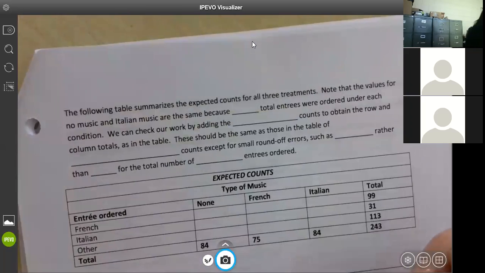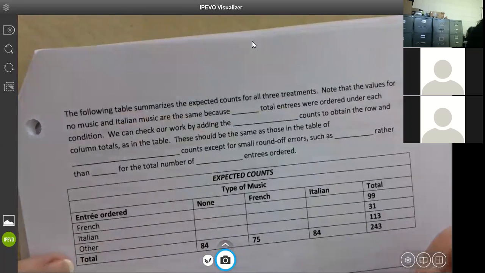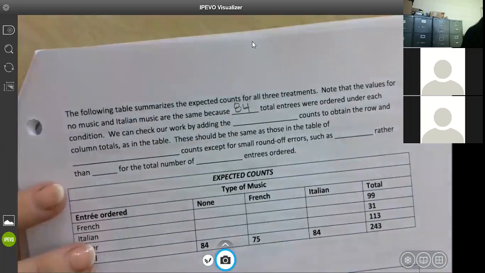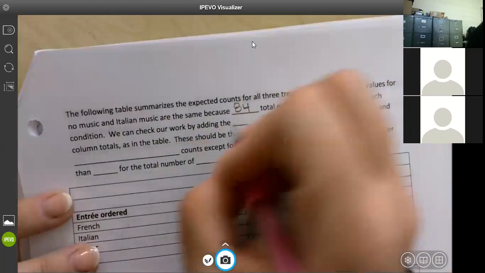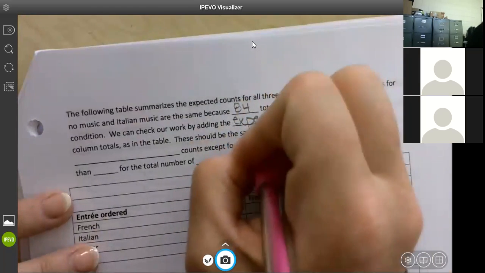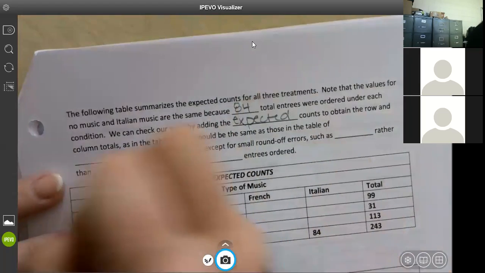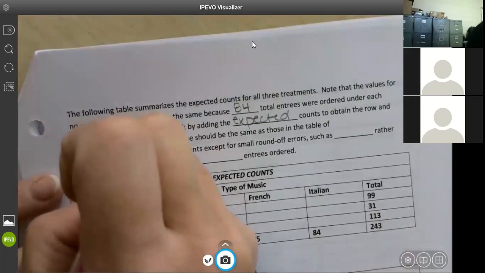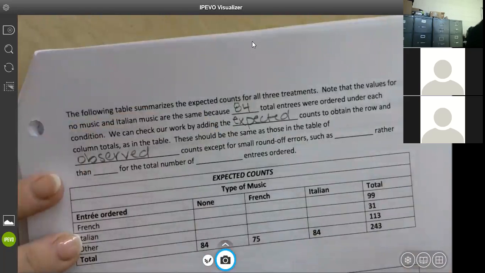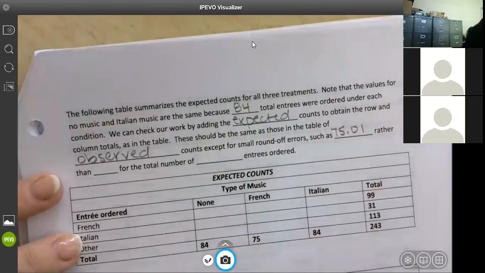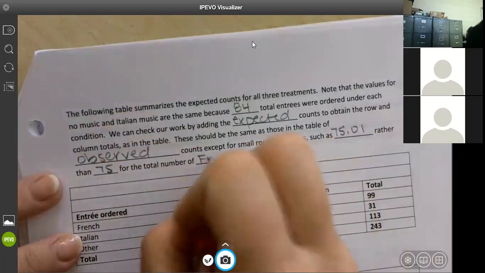So the following table summarizes the expected counts for all three treatments. Note that the values for no music and Italian music are the same because 84 total entrees were ordered under each condition. We can check our work by adding the expected counts to obtain the row and column totals as in the table. These should be the same as those in the table of observed counts, except for the small round off errors such as 75.01 rather than just 75 for the total number of French entrees ordered.